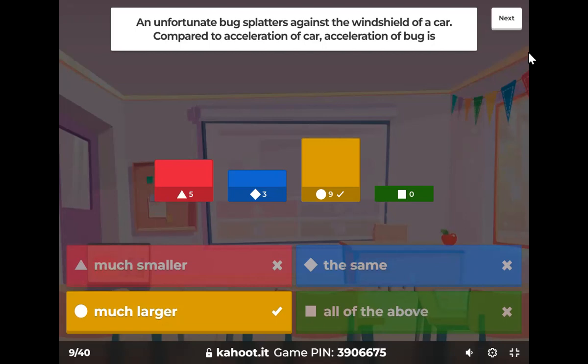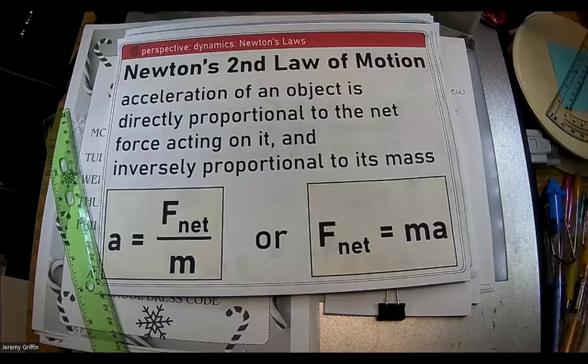Does that slow the car down? Maybe a tiny bit, but it'd be negligible. You wouldn't notice. Maybe you'd notice if it was a billion bugs, but one bug, hardly anything. But from the bug's point of view, that's a huge change in motion. So that's a kinematic way of thinking of it.